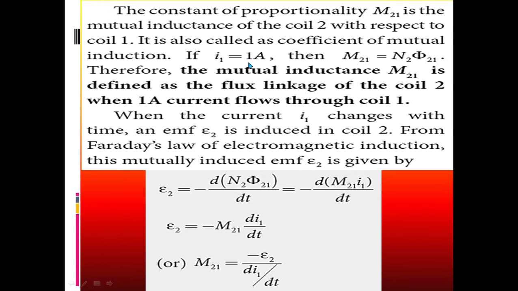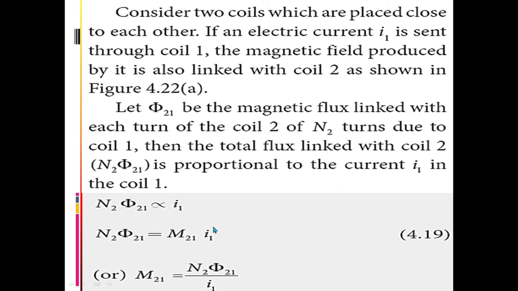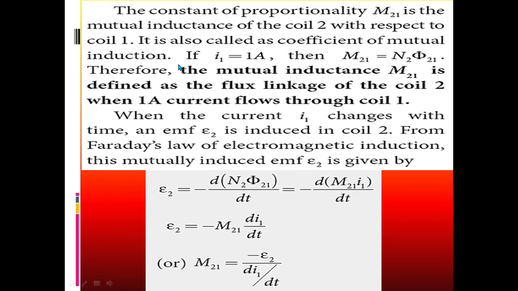If I1 is equal to 1 ampere, then M21 is equal to N2φ21, because the I1 value is 1 ampere. The mutual inductance M21 is defined as the flux linkage of coil 2 when 1 ampere current flows through coil 1.